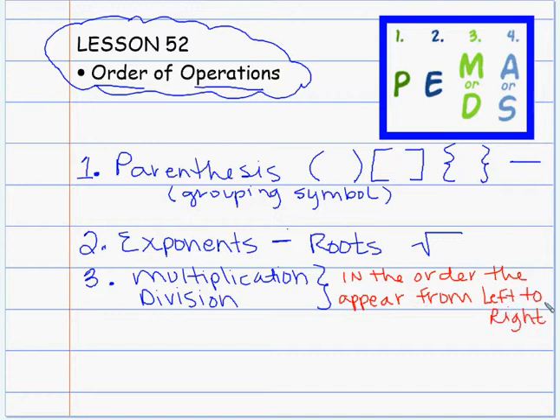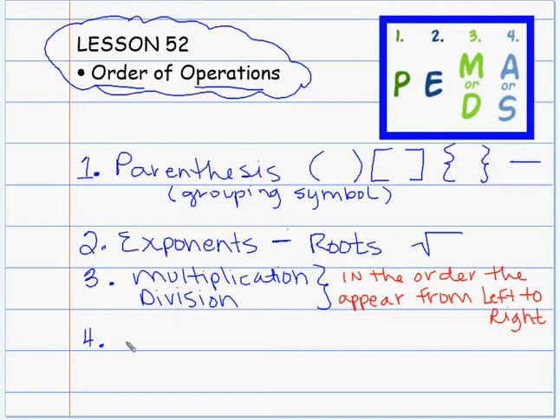So just like you're reading, as you're working through the steps, if it's a division problem that you see, or a division symbol before a multiplication symbol, you do the division first. It doesn't matter that the M comes first. These are together, and you do them in the order that they appear.